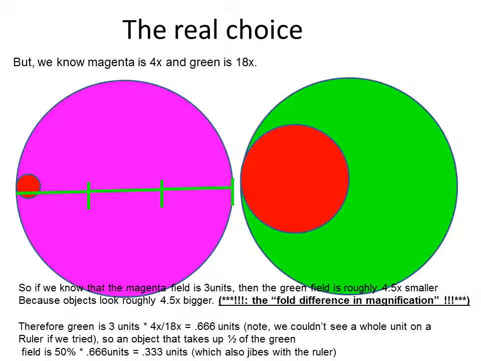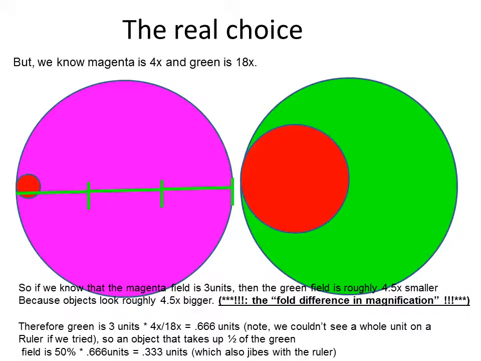And this is what it looks like. The low power is 3 units wide, and we need to divide by 4.5. The field will be 4.5 times as small because objects appear 4.5 times bigger. That gives us 2/3 of a unit. Note that if we had a ruler here, we couldn't see a whole tick, which jibes with the previous slide.